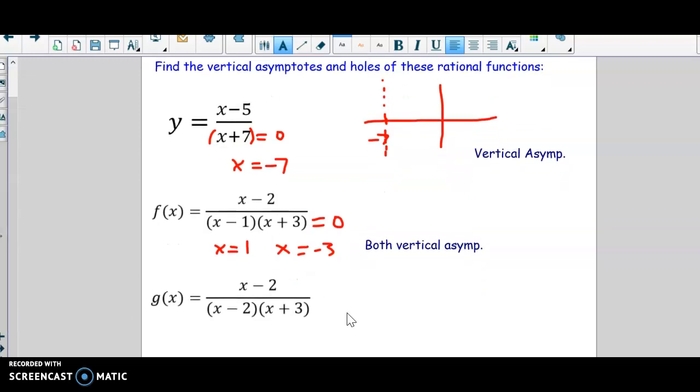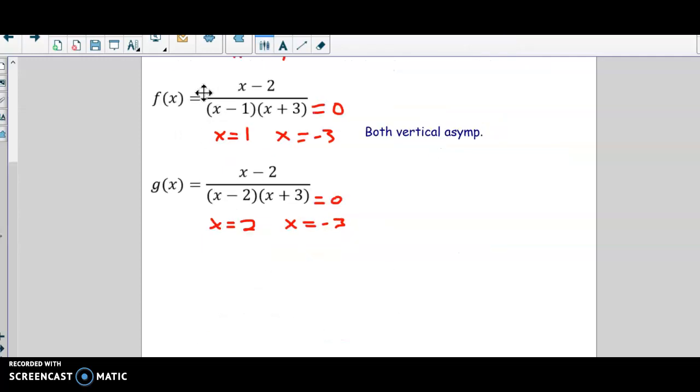Okay, so our last example, again, 2 discontinuities. If we set the denominator to 0, then there's 2 numbers, x of 2 would make a problem, and x of negative 3. Right, set them to 0. Both of those would create divide by 0 situations. Okay, what's different on this one is the x minus 2 actually has a match.